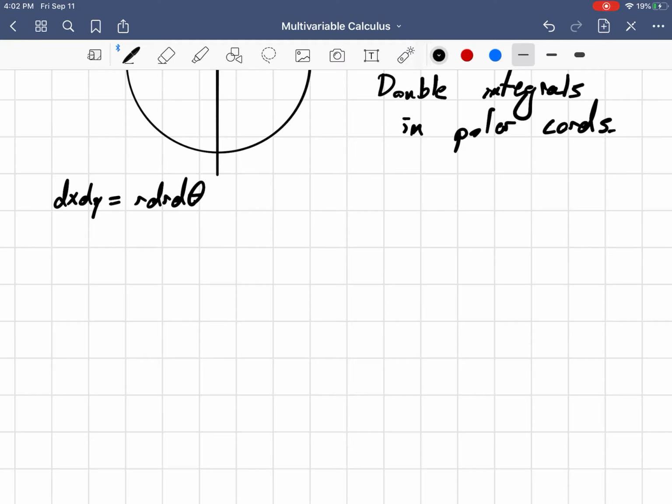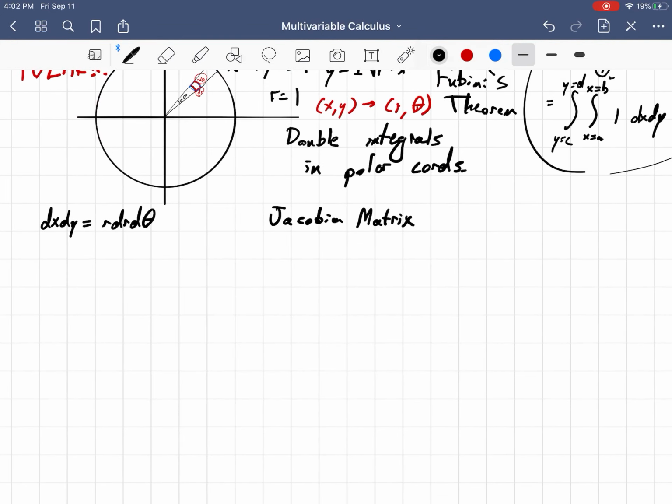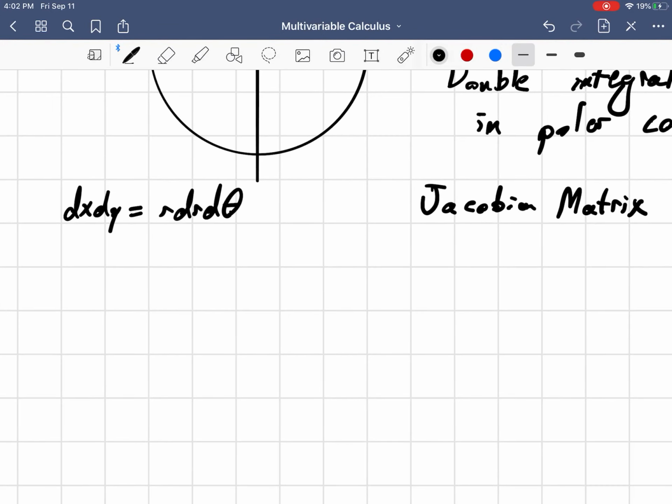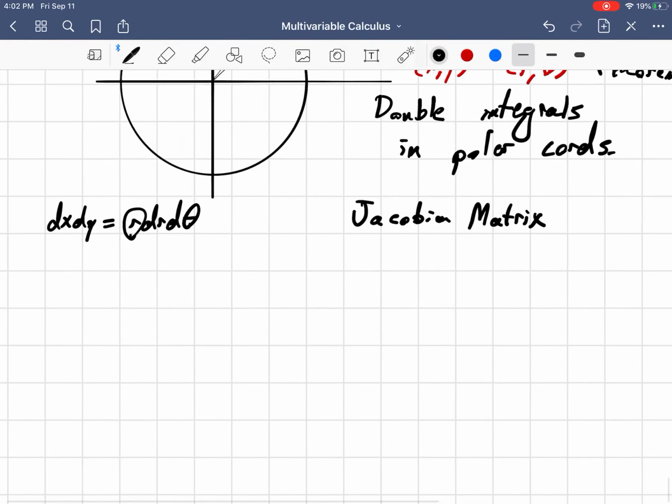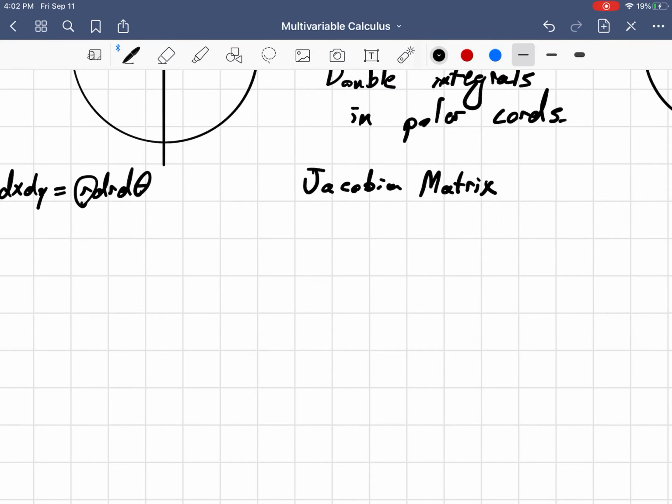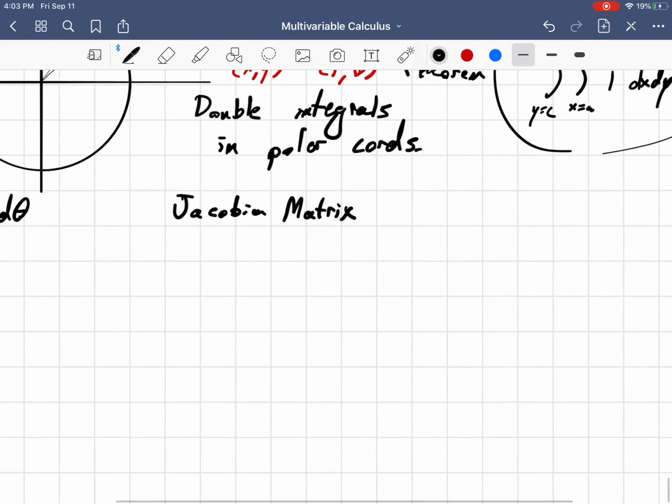The way that we're going to rigorify it is we're going to use what's called the Jacobian matrix, which is a far more generalized version for when you are doing a change of variables, of what you need to multiply by. In other words, what your correction factor is going to be. R in this case is our correction factor, so that our area is being translated correctly from one coordinate system to the other. So the Jacobian matrix is basically just a big glob of partial derivatives everywhere.